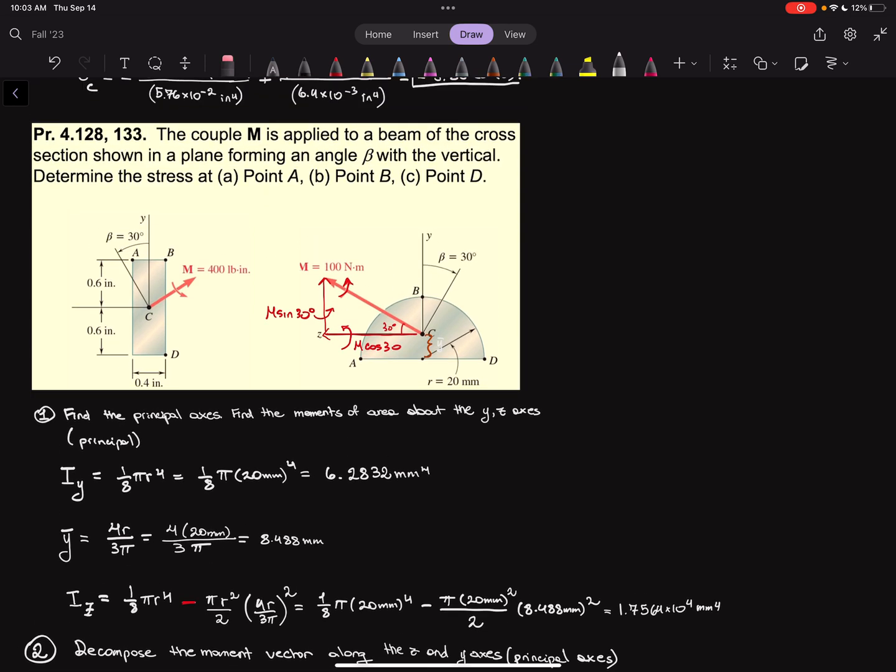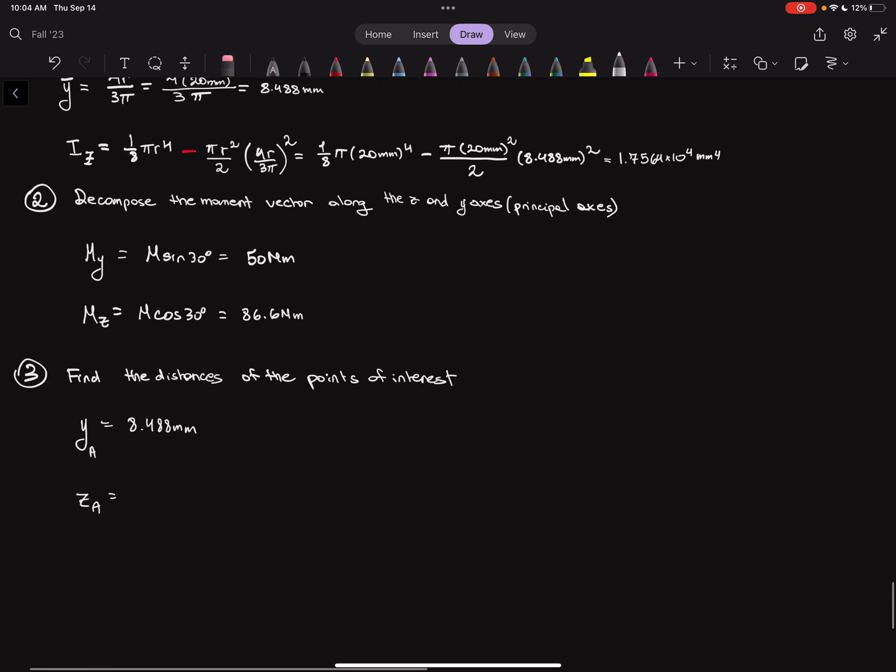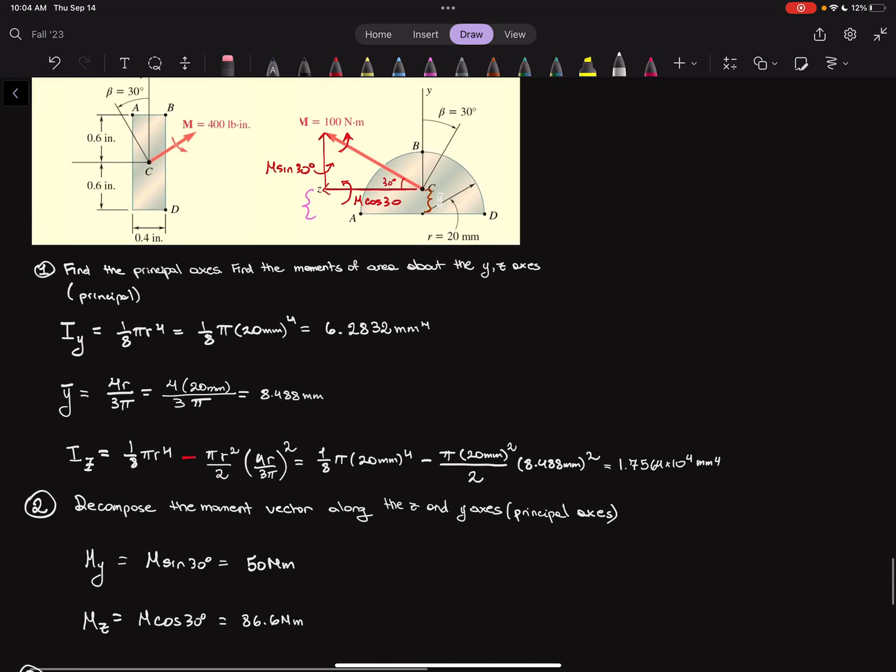How about from the z-axis? How far is A from the z-axis? Well, look, the z-axis is right here. This is the second mistake I made. I was thinking, oh, the z-axis is there. No, the z-axis is right there. It's depicted. What is this distance? Well, it's again y, and it's in the negative y direction.